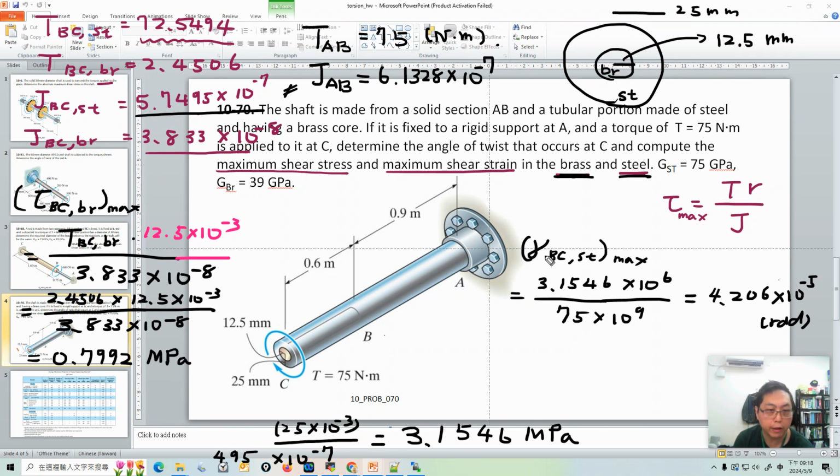Okay, this is the maximum shear stress for the brass part.